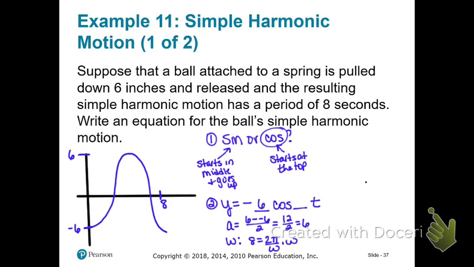Multiply both sides by omega, so we get 8 times omega equals 2 pi, divided by the 8. And we find that omega is equal to pi over 4. So we're going to plug pi over 4 in for our omega, and there is our equation.